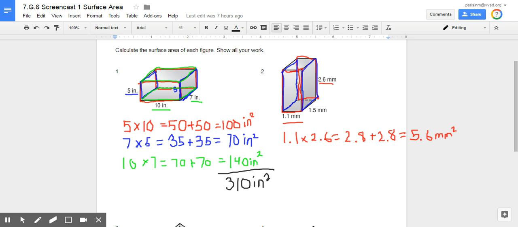I'm going to focus on this right side that I just highlighted in blue because down here it has my length and width on the two sides of that rectangle. So I'm going to take my 1.5 millimeters times my 2.6 millimeters. That's going to give me the area of one single rectangle. I'm going to type it in, 1.5 times 2.6, and I get 3.9.